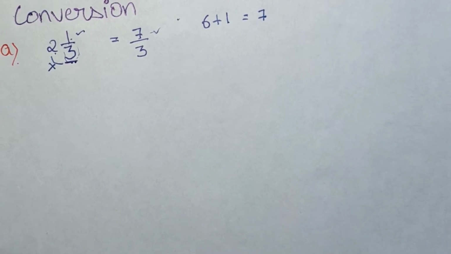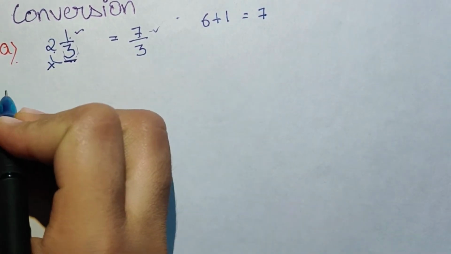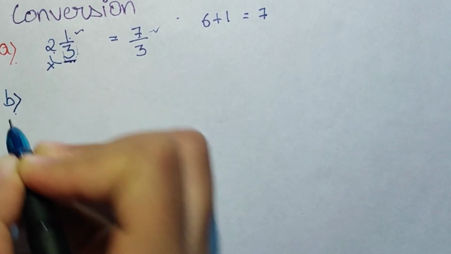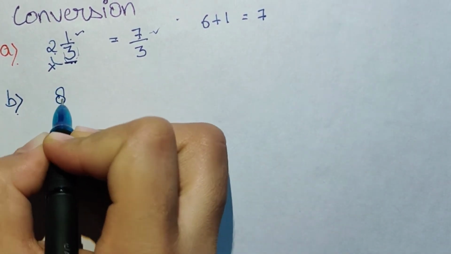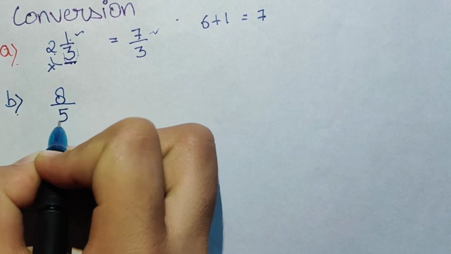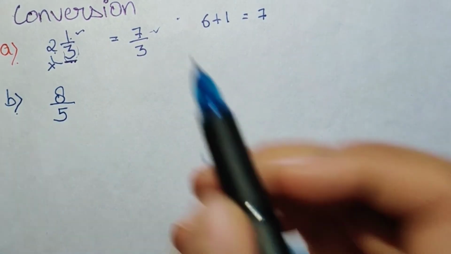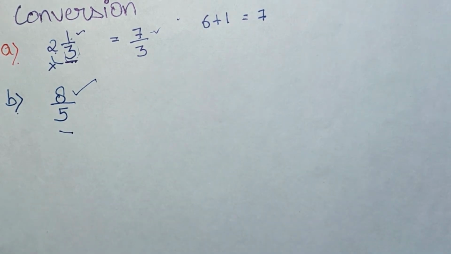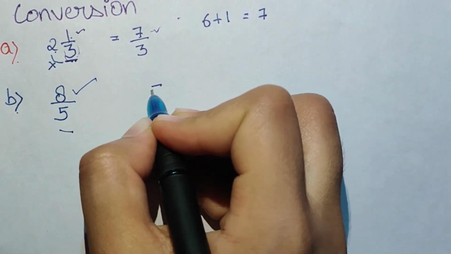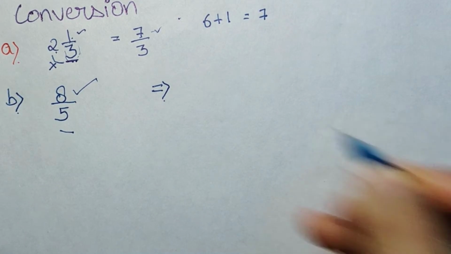Now second, we learn how to convert improper fraction into mixed fraction. Let us take an example to understand it. For an improper fraction, we'll take the fraction in which numerator is greater than denominator. Now we'll see how to convert this into mixed fraction.